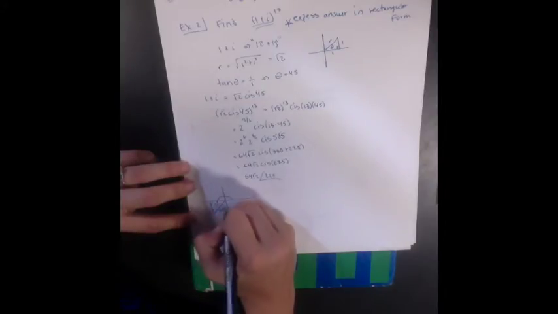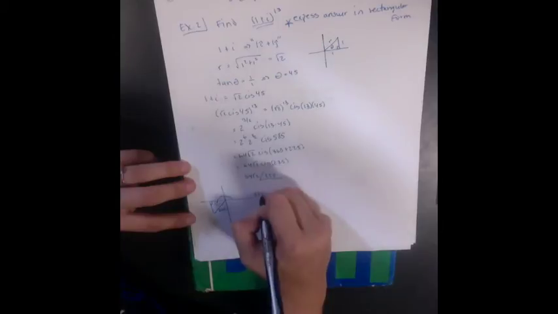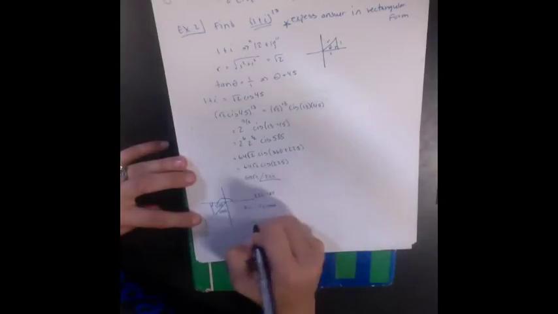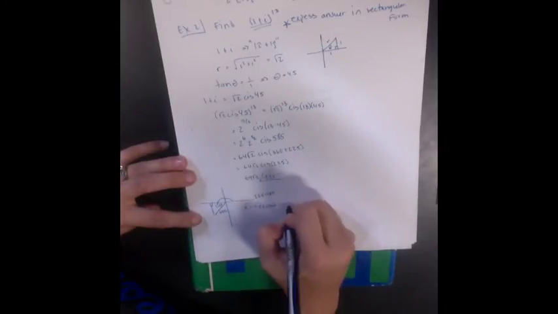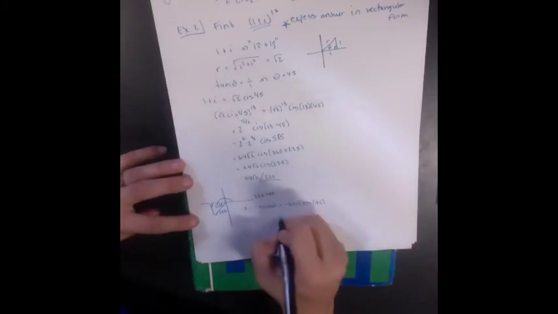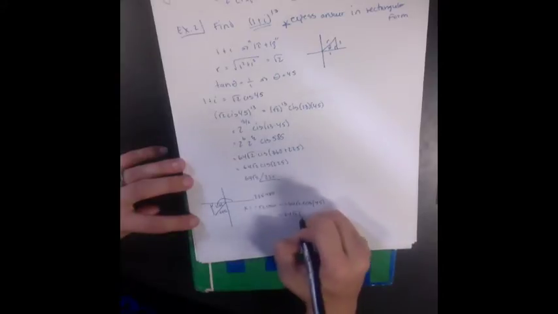We'll have 64 root 2, and then we do 225 minus 180 to find our angle, and we know that our angle will give me 45, and we know that x is minus r cosine theta, which gives me minus 64 root 2 cosine of 45, which I know is minus 64 root 2 times root 2 over 2.